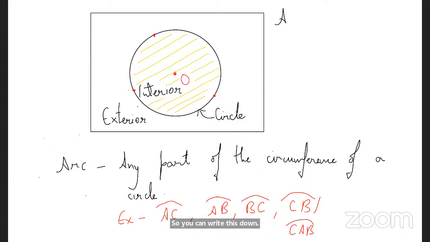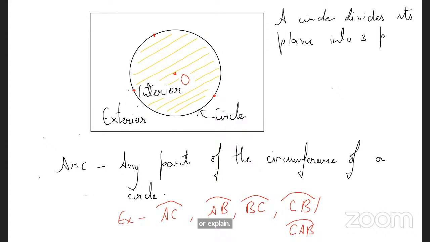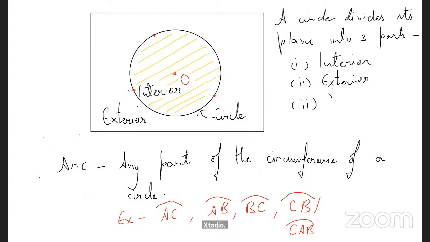A circle divides its plane into three parts: interior, exterior, and circle itself.